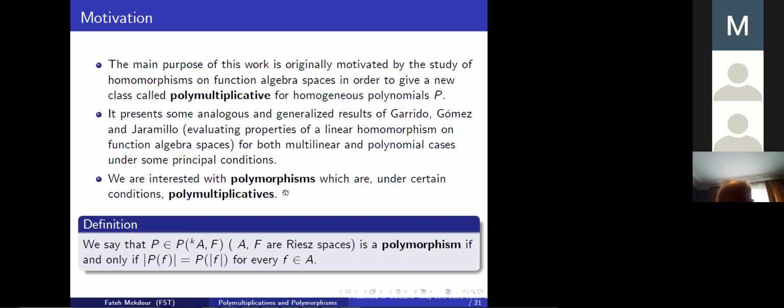We are interested in polymorphisms which are, under certain conditions, polymultiplicative. Let's firstly define that. A homogeneous polynomial P between real spaces A and F is a polymorphism if and only if P preserves the modulus for every f in A.